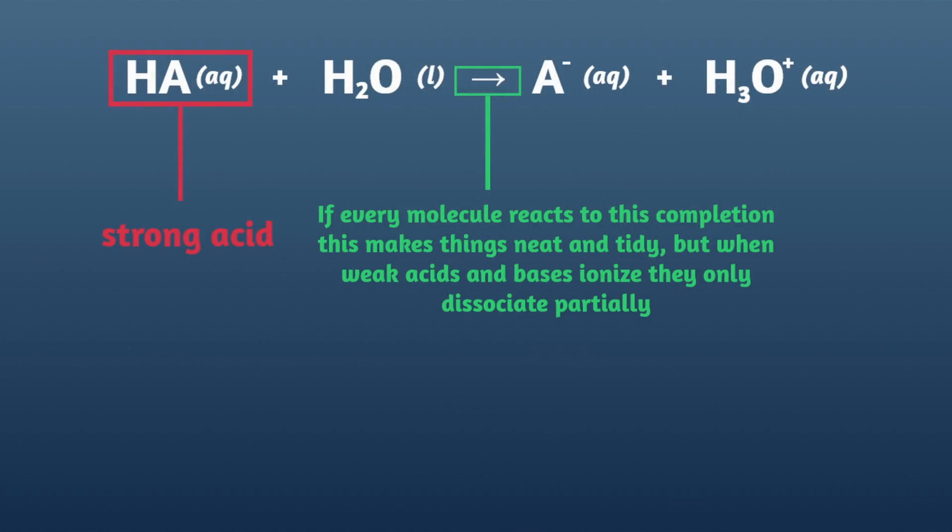Here, this is a strong acid, and if every molecule reacts to completion, this makes things neat and tidy. But when weak acids and weak bases ionize, they partially ionize, and they establish an equilibrium between the ionized and unionized forms. So let's go over some math.